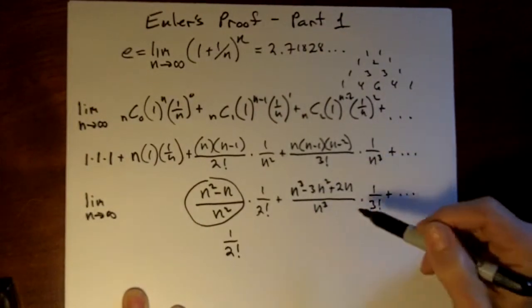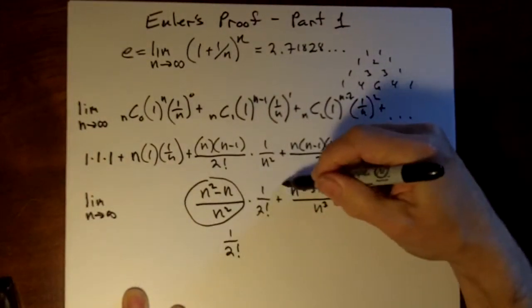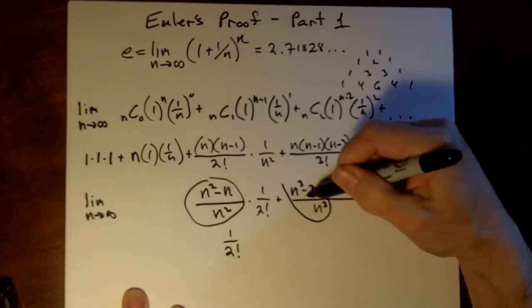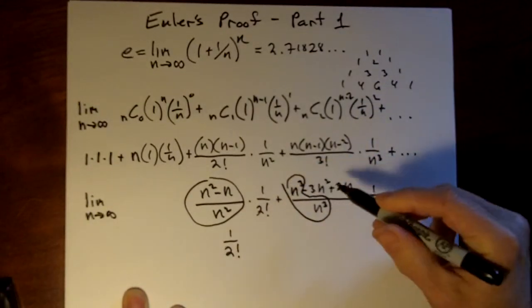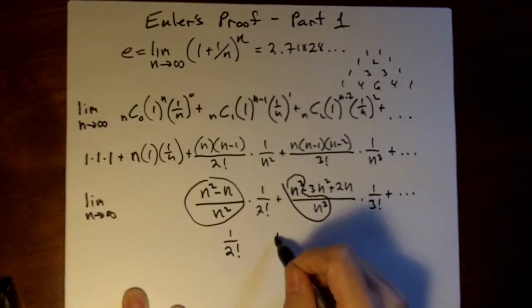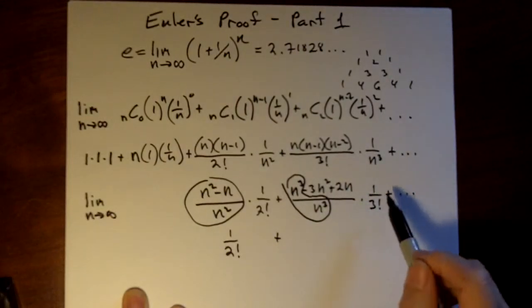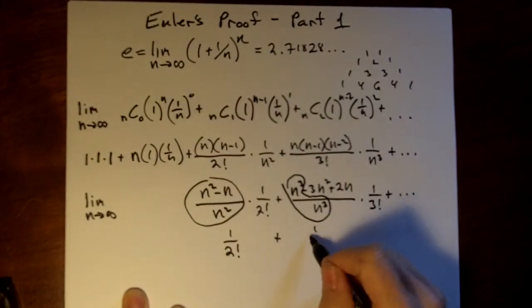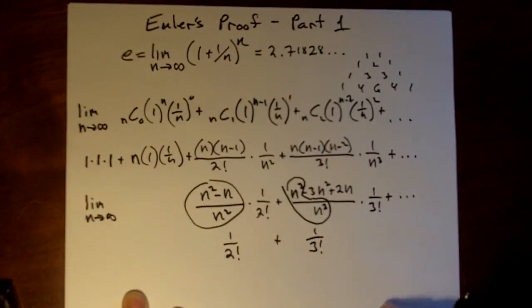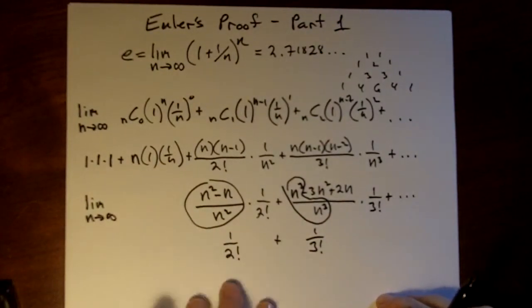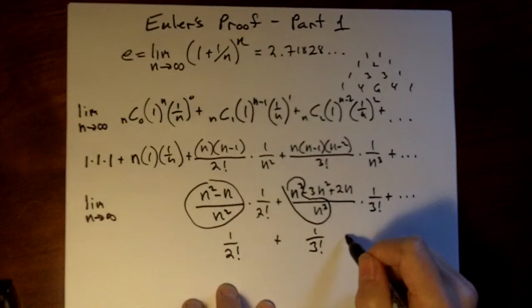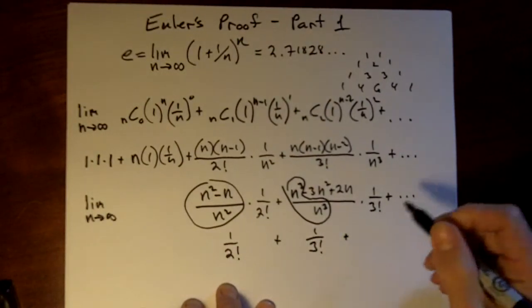What about this thing? Same idea, we just want to look at the largest terms here, n cubed over n cubed. So that's just approaching 1 over 3 factorial.